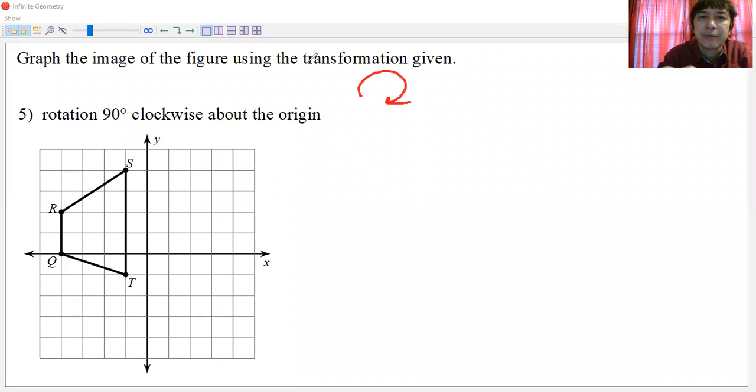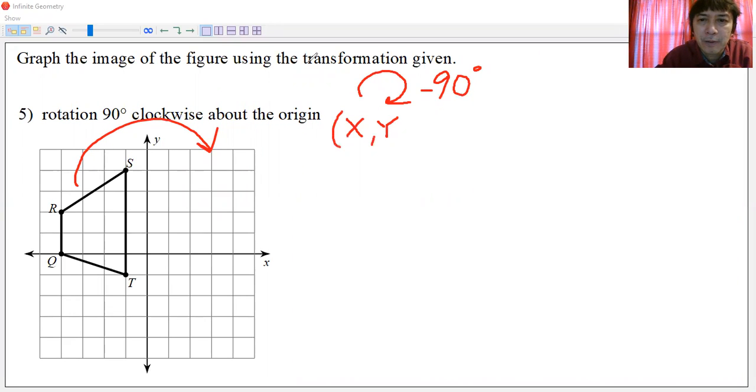This is 90 degrees clockwise, and this is supposed to be -90, because it's going to be this way.